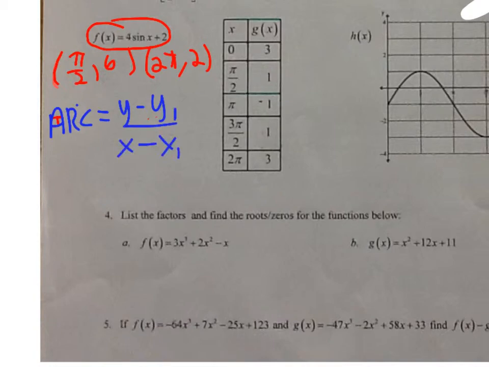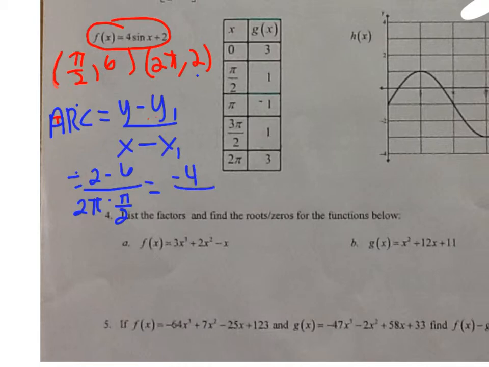So we're going to have, I'm going to start off with the 2 here. So we're going to do 2 minus 6 over 2 pi minus pi over 2. So 2 minus 6 is negative 4. Now you have to leave this in radians.